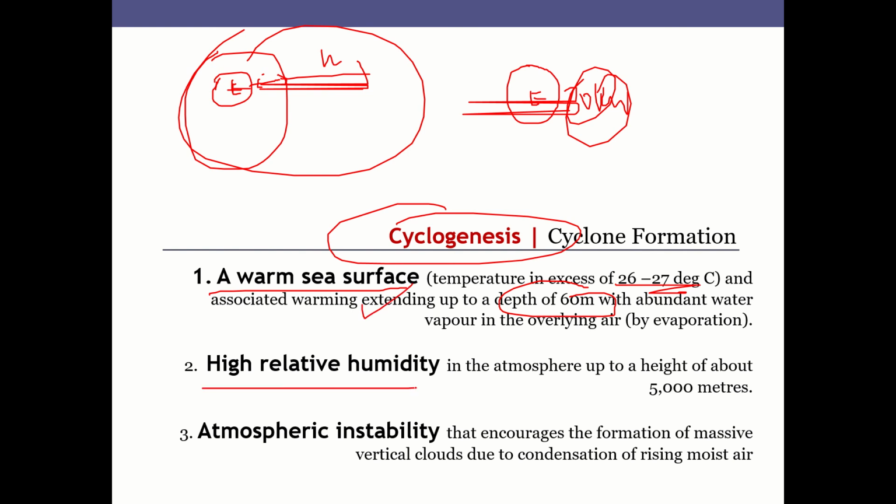The second thing is high humidity in the atmosphere that can reach up to 5,000 meters, 5 kilometers of height.